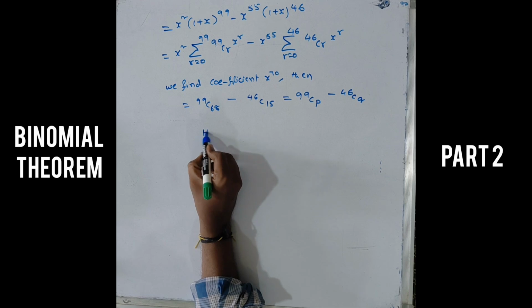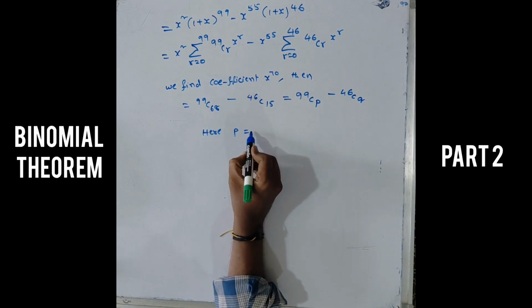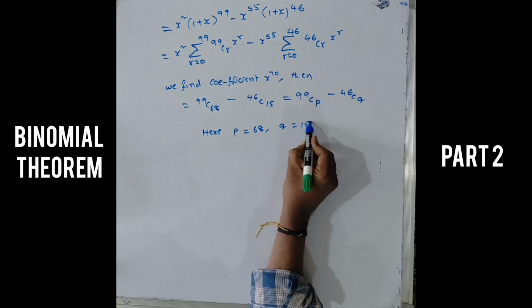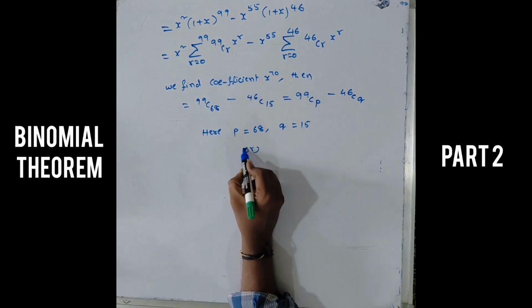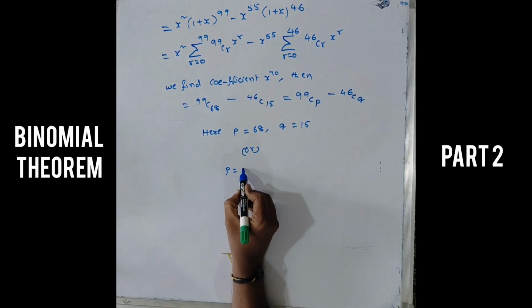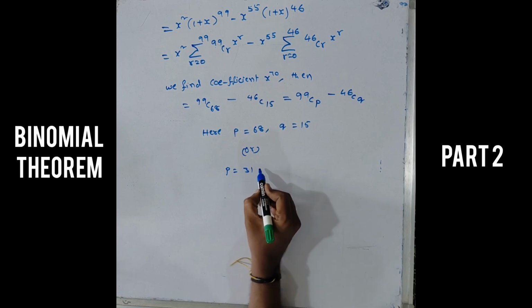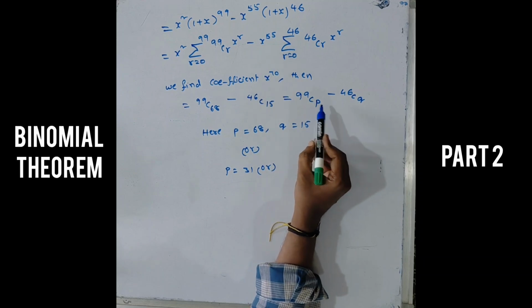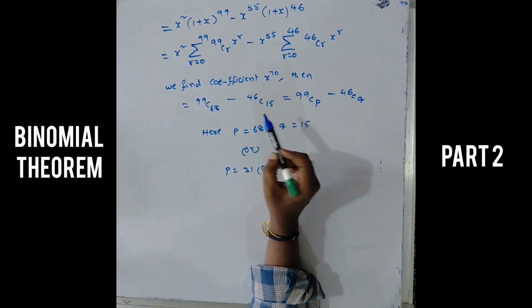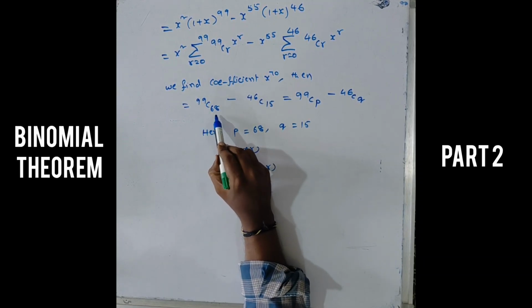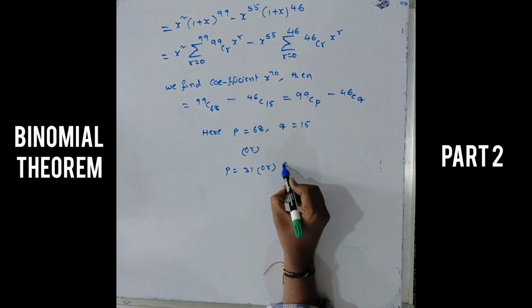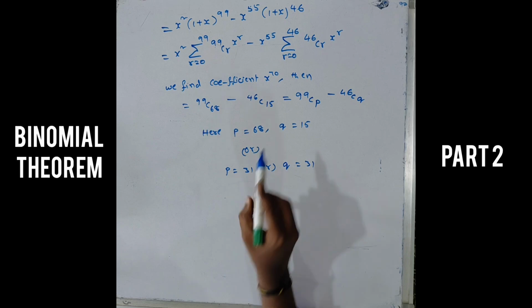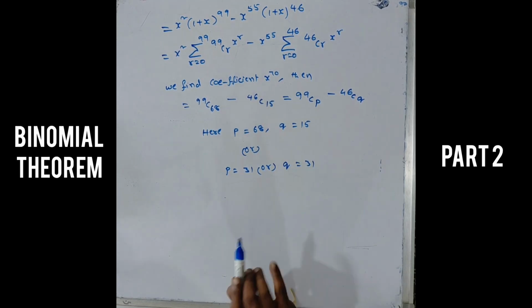Here p is equal to 68, q is equal to 15, or p is equal to 31, since 99 minus 68 is 31, and q is also 31, since 46 minus 15 is 31.